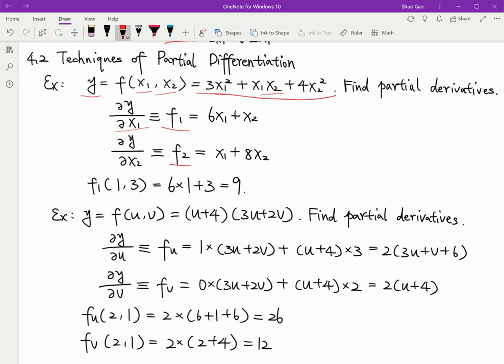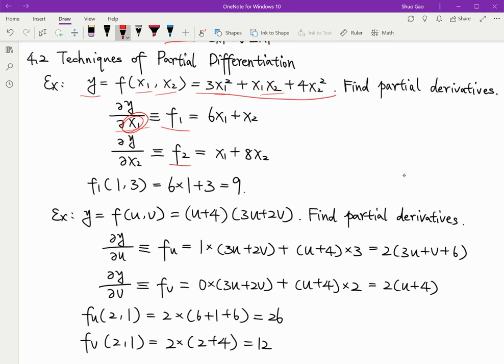Right? So the way we do this is that, for example, when we are calculating the partial derivative with respect to x1, we treat x2 as constant. We just regard x2 as constant and take the derivative.